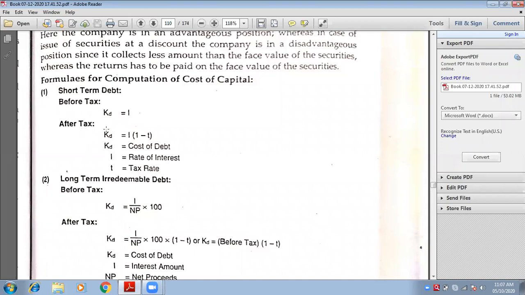Always remember, you have been learning management accounting, right? In that, there is a vertical format of P&L. Have you started with that vertical format of P&L? Yes, ma'am. So, always remember, interest payment comes before the tax payment.